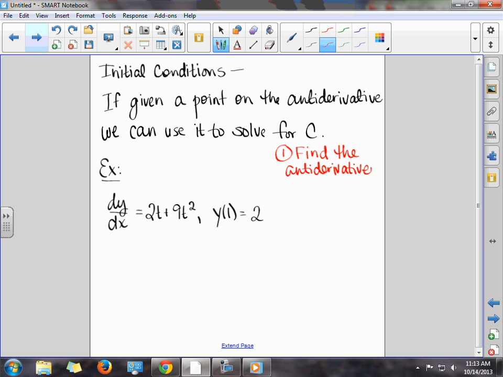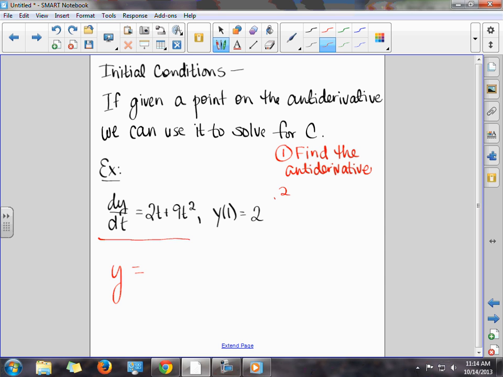In this case, we are given a derivative, dy dt. When we find the antiderivative, it's going to be y equal to some function in terms of, oh, I apologize, I made a mistake here. If that's t, then this should be t also. So we're going to end up with some function y in terms of t.